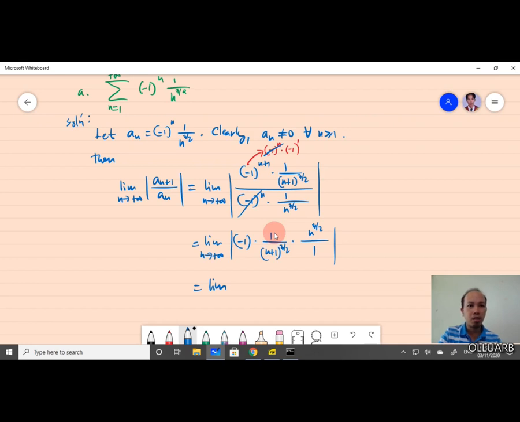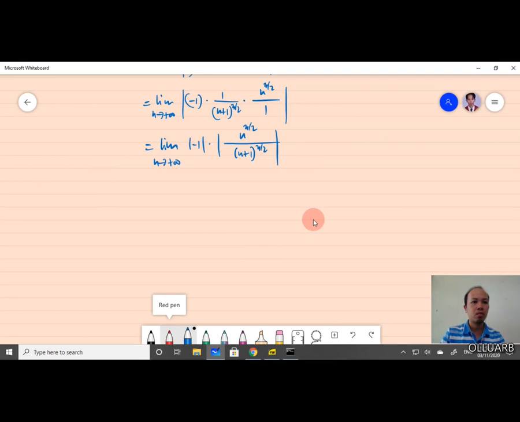And please remember that inside the absolute value is a product, so we can write it in this form, times n to the 3 halves over n plus 1 to the 3 halves as n approaches positive infinity. So this is positive 1.